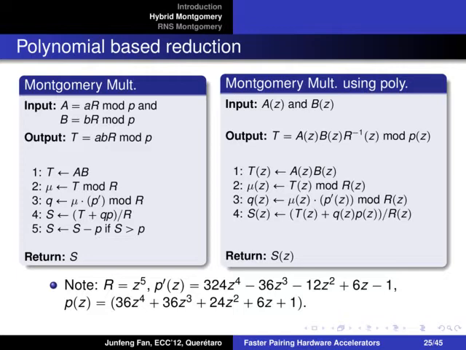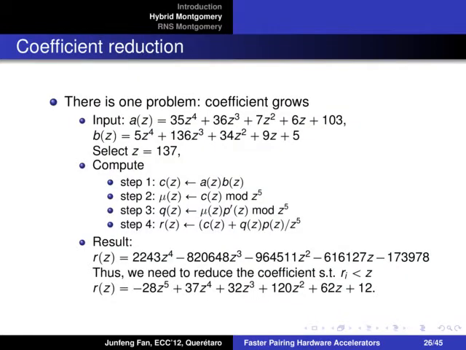But the saving here is that multiplying mu of Z by the inverse of P of Z is much faster than this operation, because the inverse has very small coefficients. It's the same idea here. For this operation, it's also much faster because P of Z is a low-weight polynomial. Okay, so that's the basic idea.